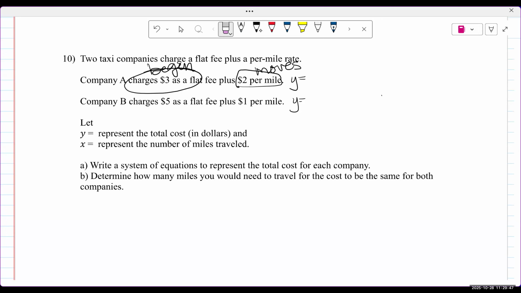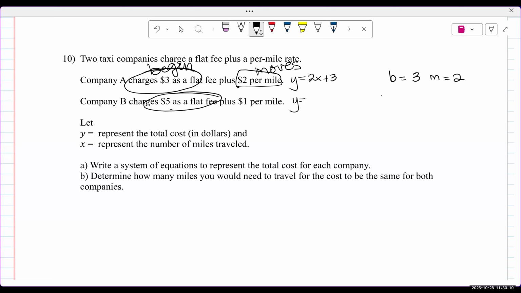Keyword being per, that's telling us B is 3. The y-intercept is 3. The slope is 2. So we have 2x plus 3. Some people, it makes more sense to say 3 plus 2x, and that's fine too.